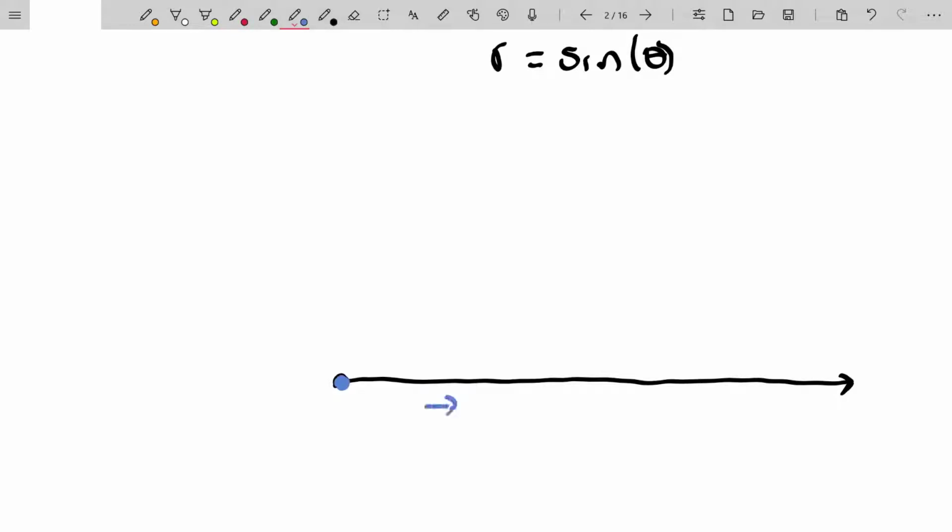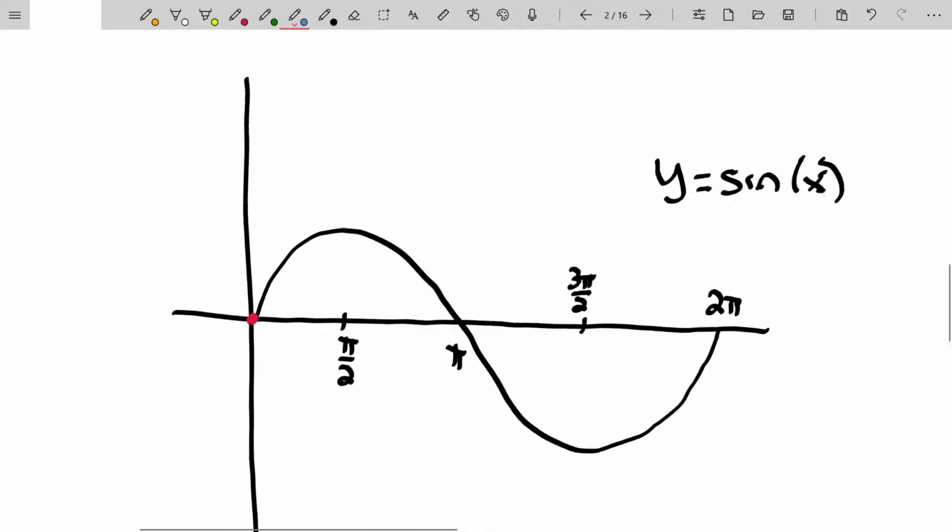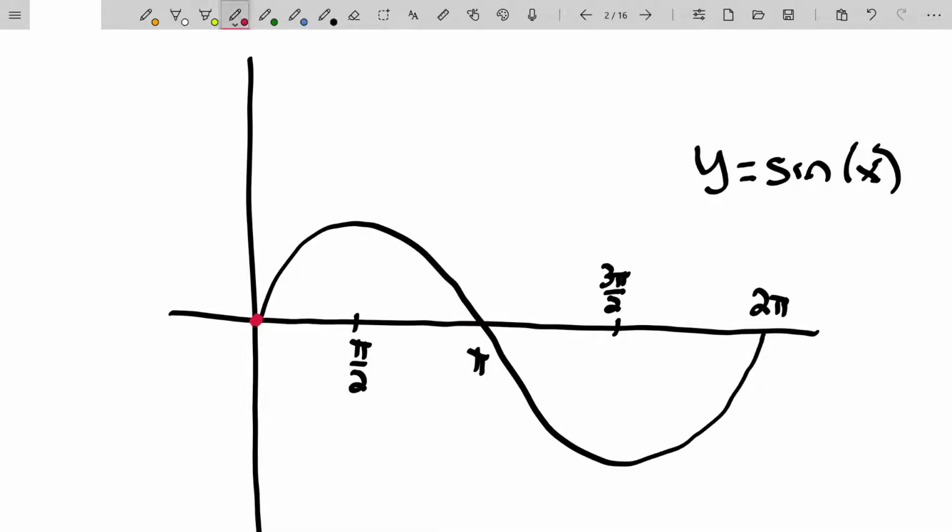So when I'm facing that direction, I basically don't have a radius at all. Then I go back to this curve and suppose that we start increasing angles. As you increase your angle, the radius, or the y value, increases as well, until you get to the angle of pi over 2 and your y value is 1.